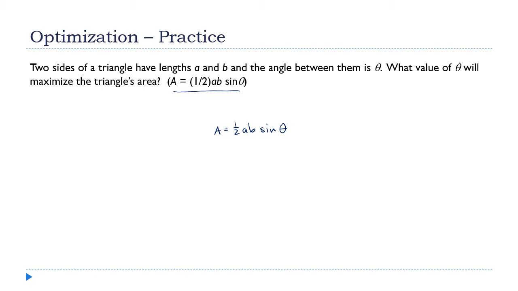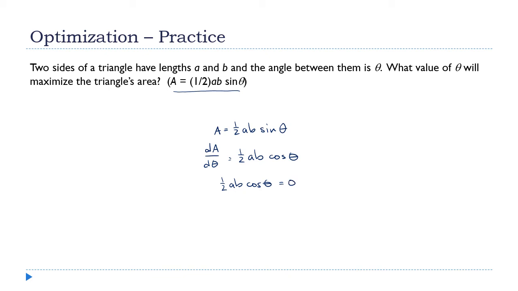All right, well, let's try this out. I'm going to differentiate this thing with respect to theta. I'm actually going to write it because I want to be clear that that's the variable we're differentiating with respect to. So dA d theta equals 1/2 AB cosine theta, and then I'm going to set this equal to 0. 1/2 AB cosine theta equals 0.